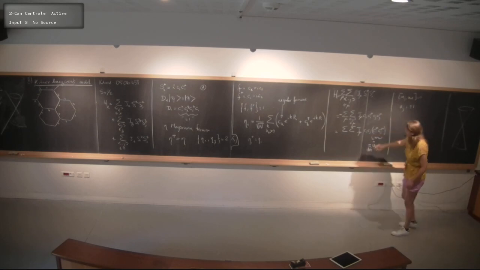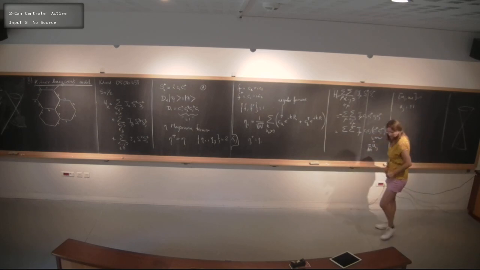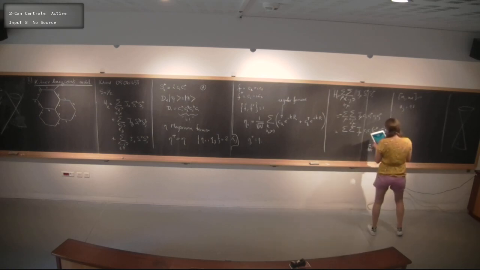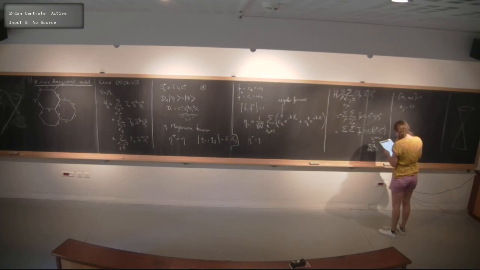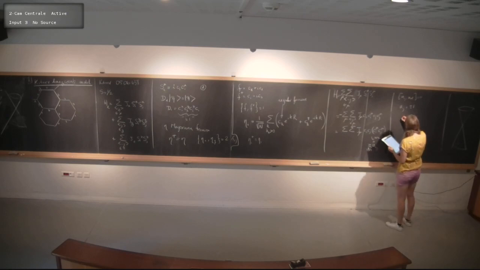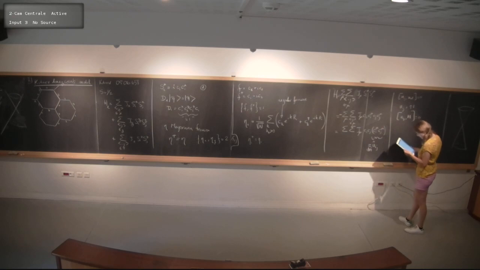So now if we rewrite this, all right, and we also have u_ij commuting with the Hamiltonian, h equals 0. I guess that was also important for solving the Hamiltonian.